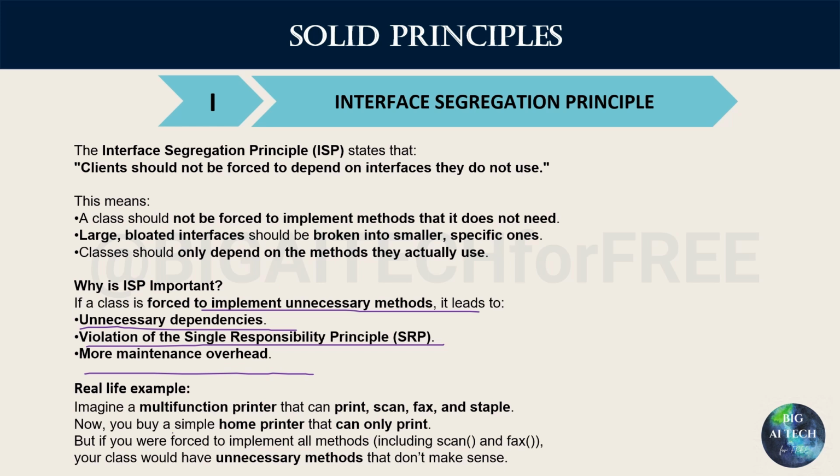But if you are forced to implement all methods, including scan and fax, for a home printer, I don't need all those functionalities. Only having a simple print should be sufficient. But if we don't have that segregation, we will enable even the home printer to have scan and fax, which is unnecessary. So your class would have unnecessary methods in that case, which doesn't make any sense.